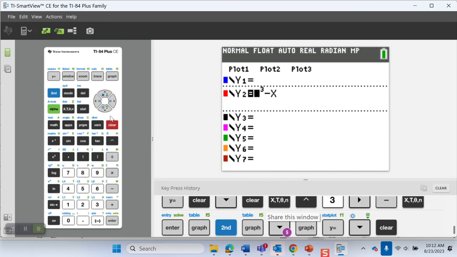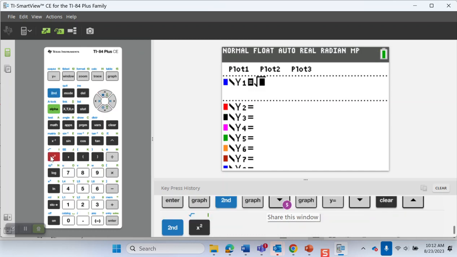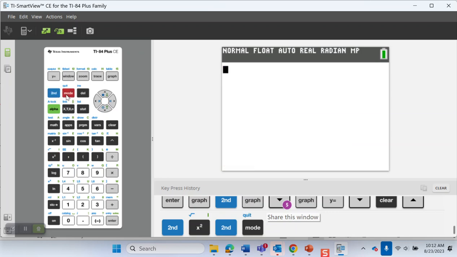Okay. All right. So where's the square root? You will need to have a second x squared will be the square root. Anytime you want to access the blue symbol, you need a second in here. All right. So just FYI, look at this one right here. If I just hit 8, this button, I got 8, right?